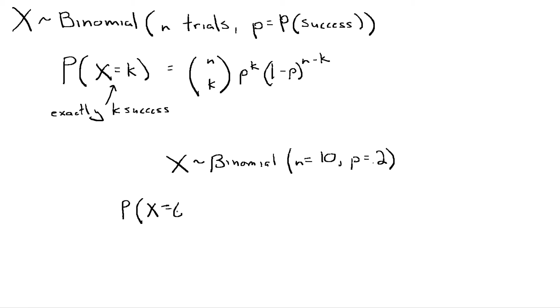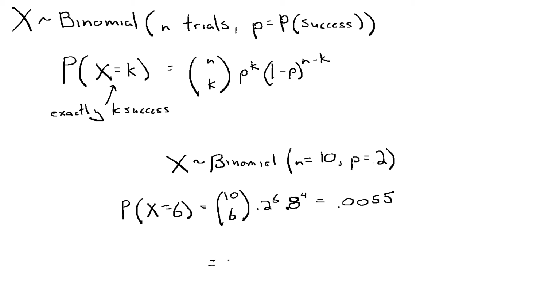So what's the probability that x equals 6? That means you're going to do 10 choose 6 times 0.2 to the 6 times 0.8 to the 4, and you'll find out that's something like 0.0055.